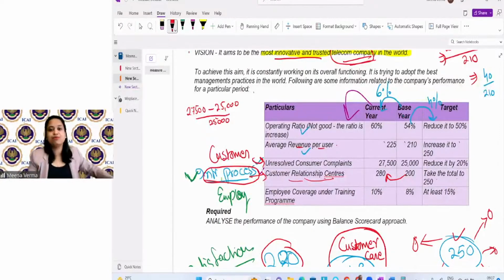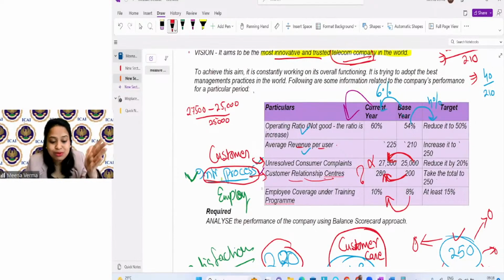Internal process has improved. What is the expectation? If the internal process is improved, we expect that the customer complaints should reduce. But though the internal process has improved, customer complaints are not reducing. What is the reason? Maybe because you are not providing proper training to the employees.